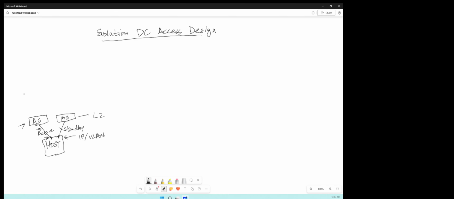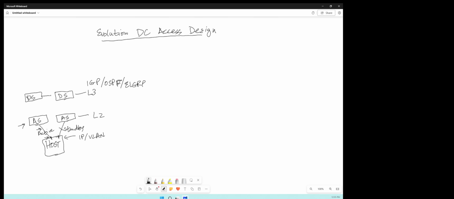Now the distribution switch is L3. This is where your IGP is running, like OSPF most likely, or EIGRP, back in the days.